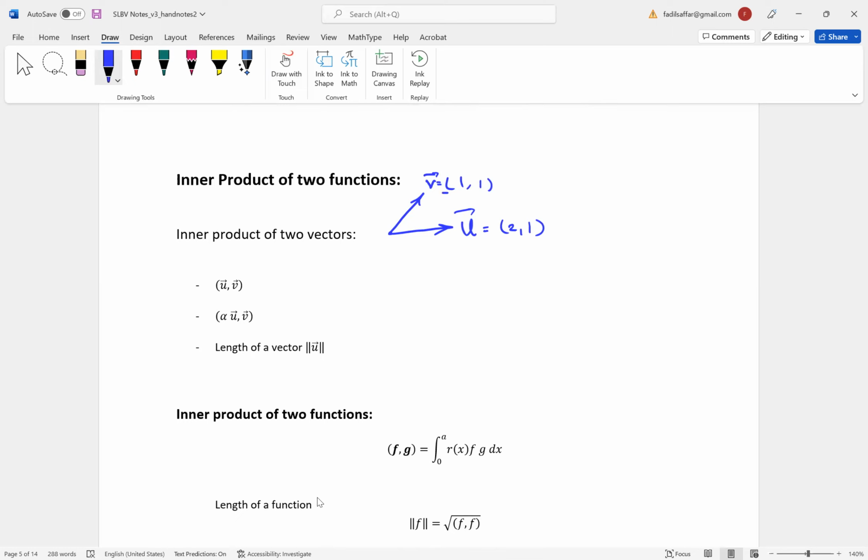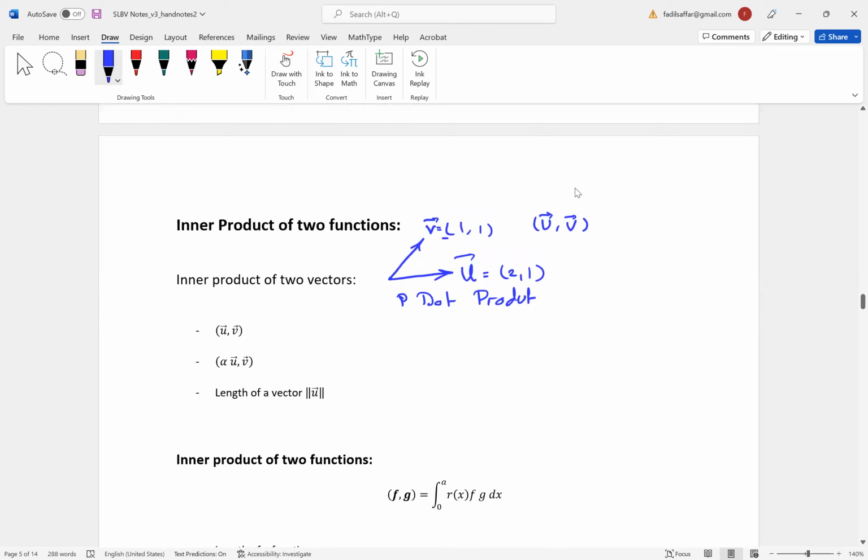So these two vectors, we can apply the inner product, or what we call the dot product, of these two vectors, which is basically u and v, and this is how we express the inner product.